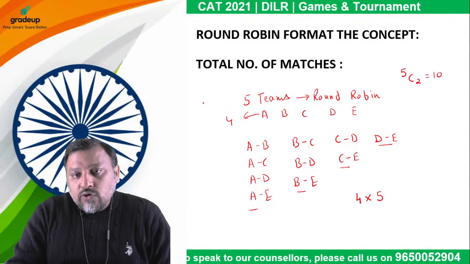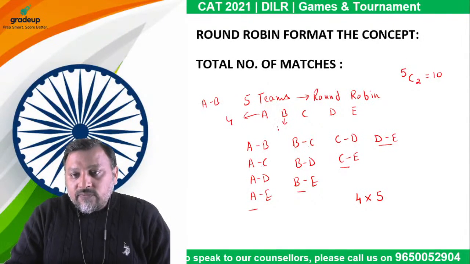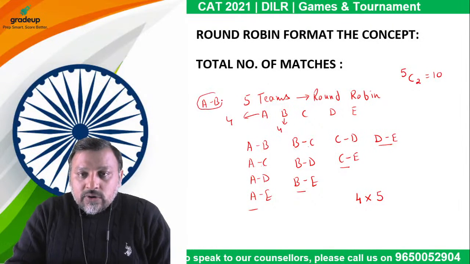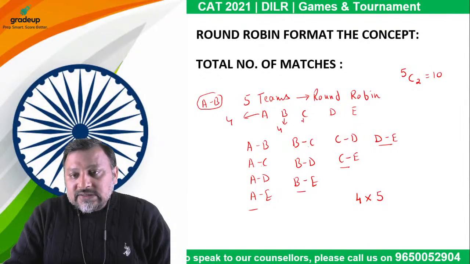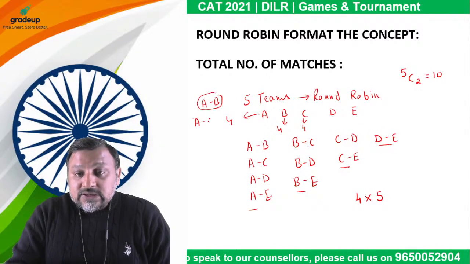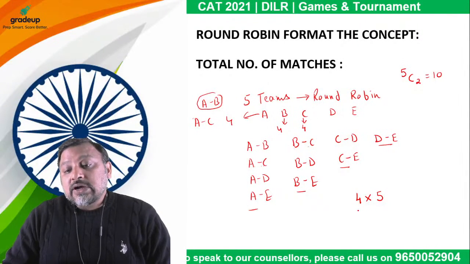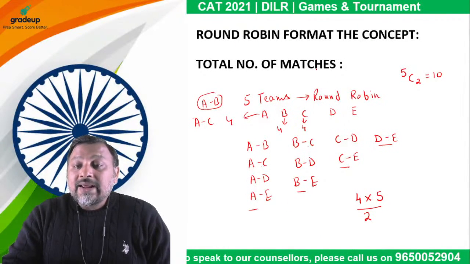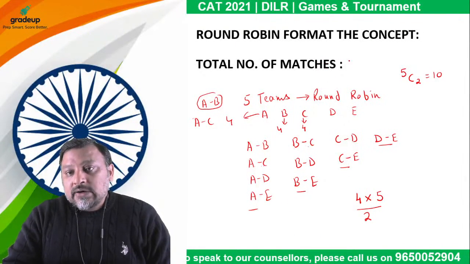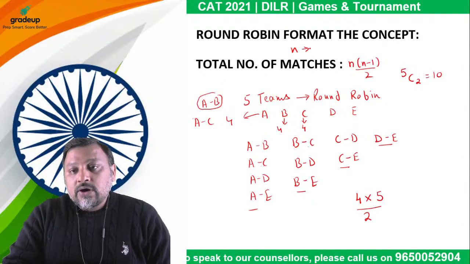So one of these 4 matches is between A and B. Now if I say B will also play 4 matches, that means this match I am counting twice. Similarly, if I say C will also play 4 matches, I am counting this match also twice. So each match is counted twice, so it is given by this. So if there are n teams in a round robin format, the number of matches would be n into n minus 1 by 2, where n is the number of teams.